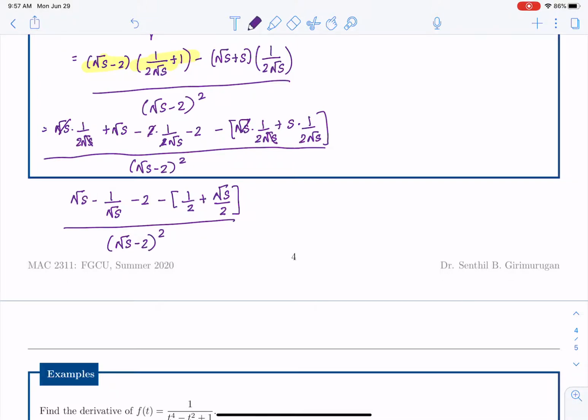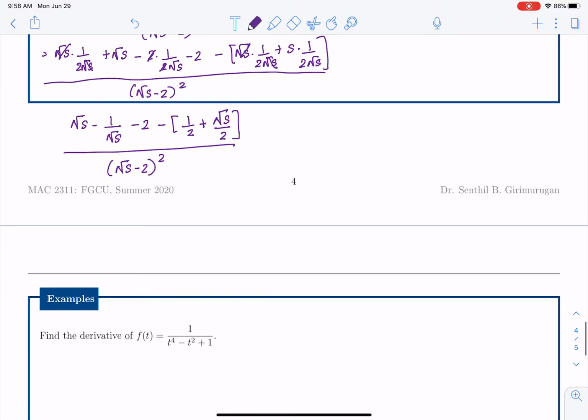Distribute the negative and simplify. We have square root of s over 2, that would equal 3 square root of s over 2 minus 1 over square root of s minus 2, square root of s.